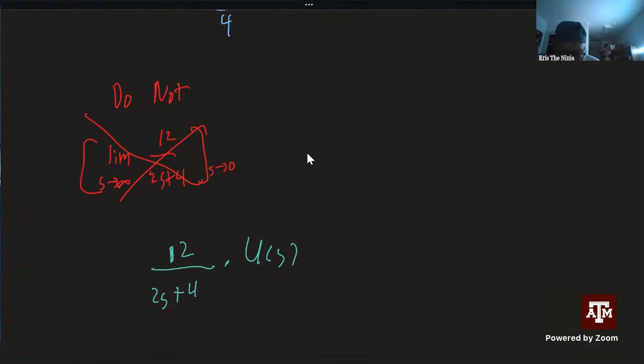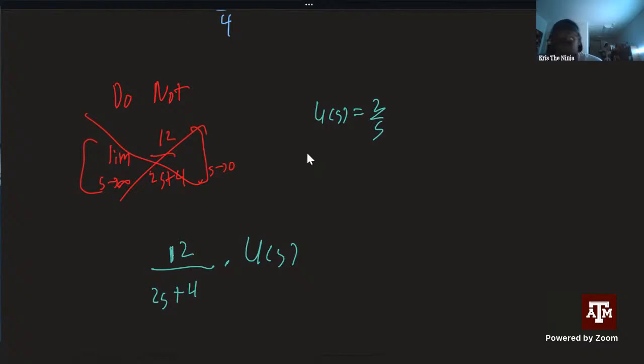Okay, so the u of s value in this case is 2 over s, because we're going to assume that this comes from a step function that goes to 2. That's where we get the 2 over s from.